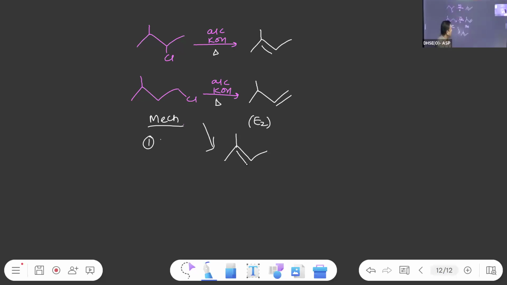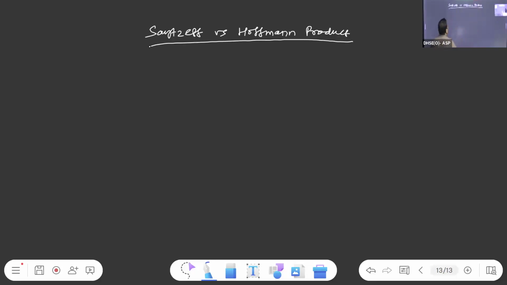So yes, in certain cases, the product may be formed according to the Hofmann rule. So let us write Saytzeff product versus Hofmann product. Let's note down.